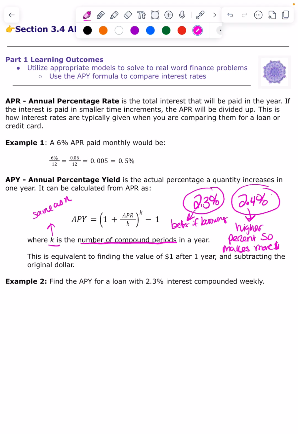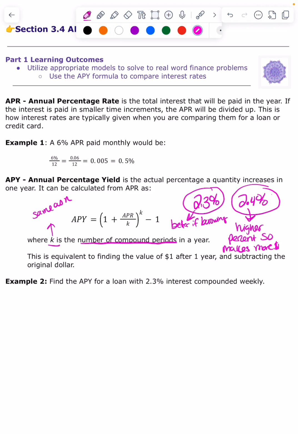But what if I told you the 2.3 is compounded monthly and the 2.4 one is compounded daily, or biannually, I guess would make more sense. Then it would be harder to tell which one was better.